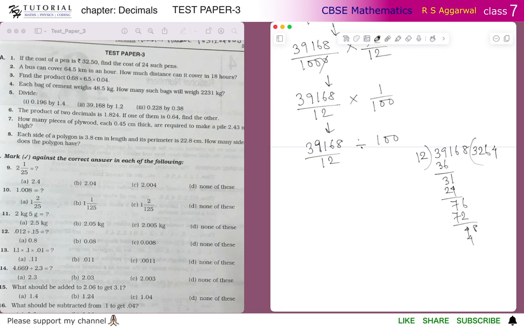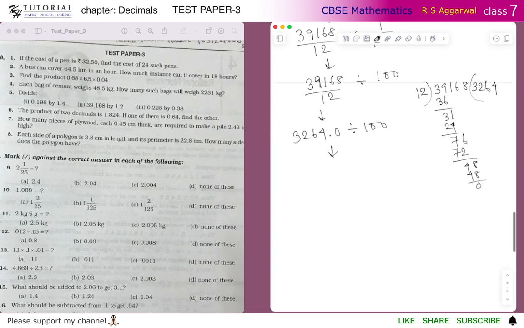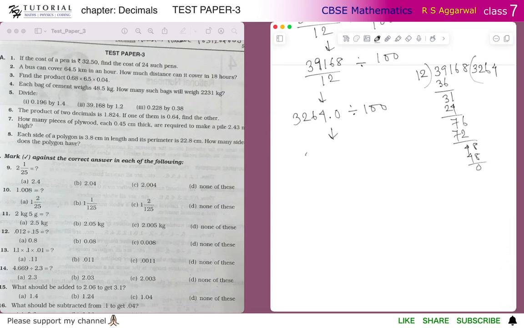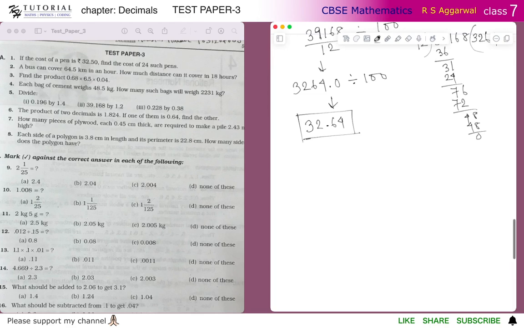Okay, so it is dividing perfectly. 3264, we can write it as 3264.0 divided by 100. Now we have to shift the decimal point 2 places to the left, and this becomes 32.64. This is the answer. Okay.